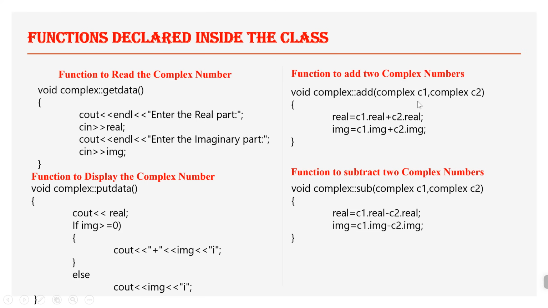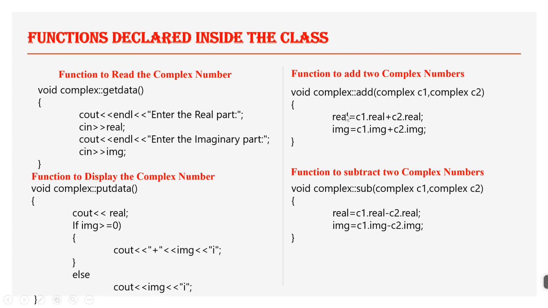What are the two components of C1? C1 dot real is one component and C1 dot imaginary is another component. Similarly, I have C2 dot real is one component, C2 dot imaginary is another component. So now let us add the two complex numbers. How do we add?